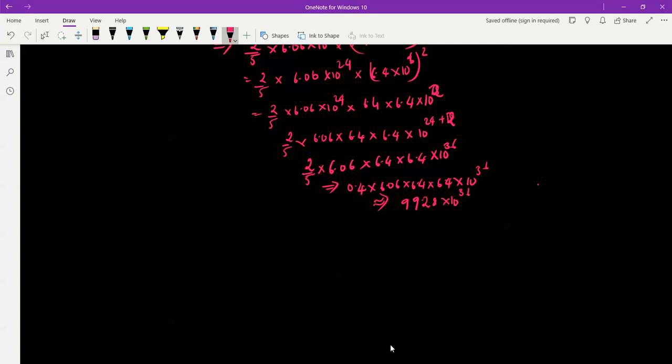So the answer is 99.28 into 10 to the power of 36, so that is 9.928 into 10 to the power of 37. The unit of moment of inertia is nothing but kg meter square. Got it? Understood?